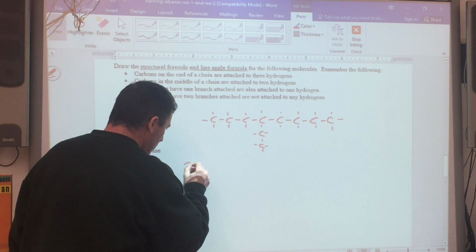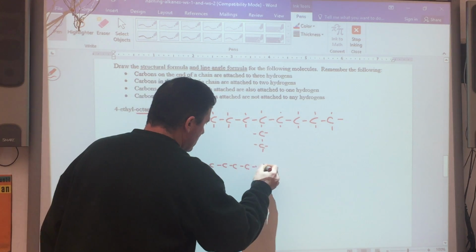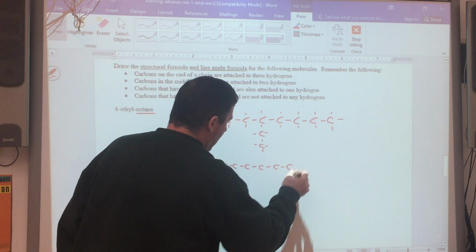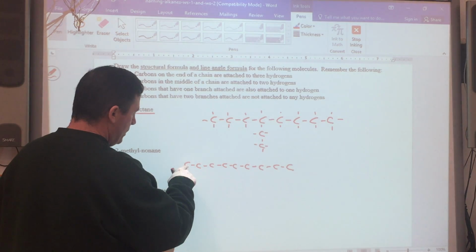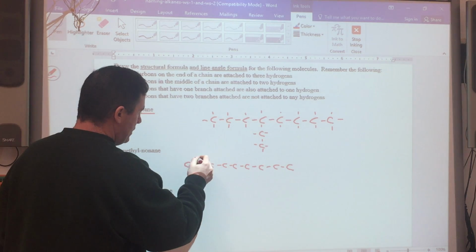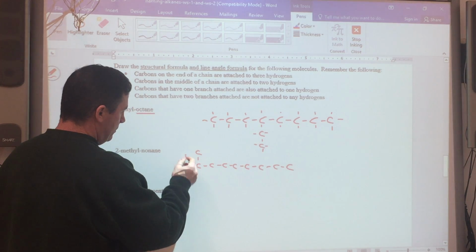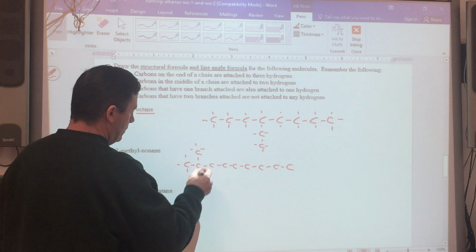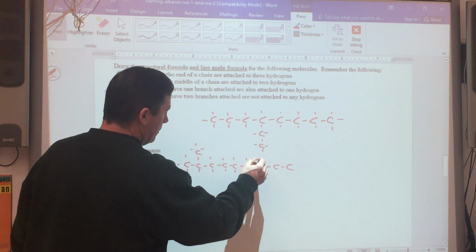I'll make it a little bit smaller. 1, 2, 3, 4, 5, 6, 7, 8, 9. Here's my 9. 2-methyl. 1, 2. Make it easy on yourself. Just do that. That's it. Then put your lines around representing where the hydrogens would be.